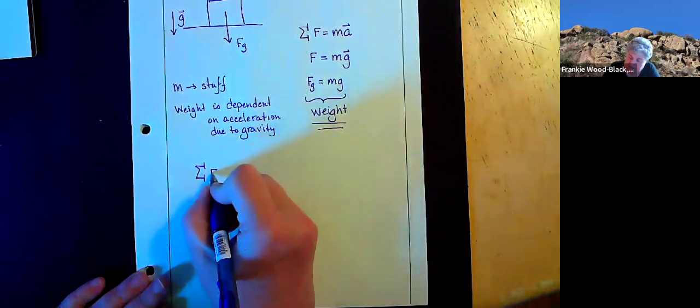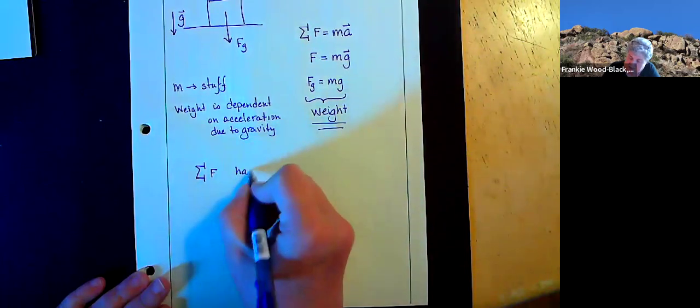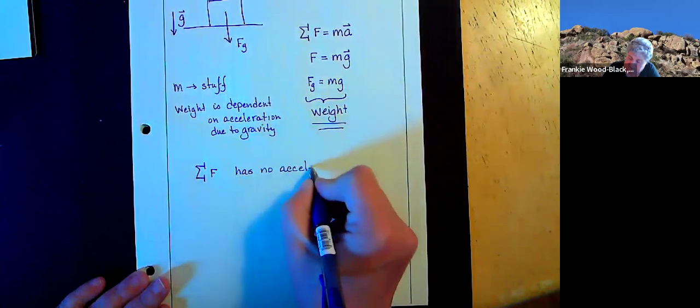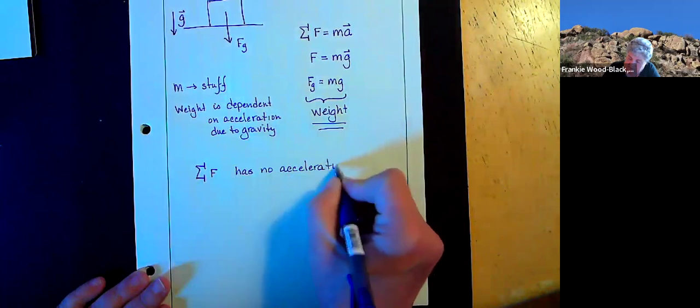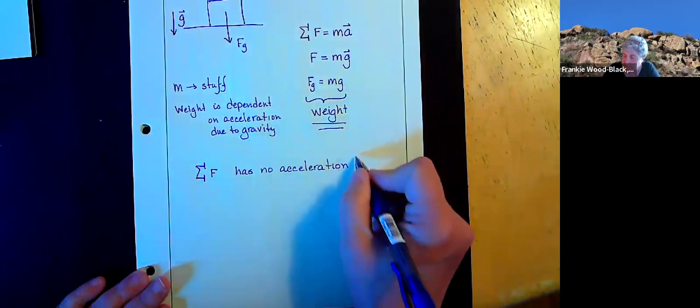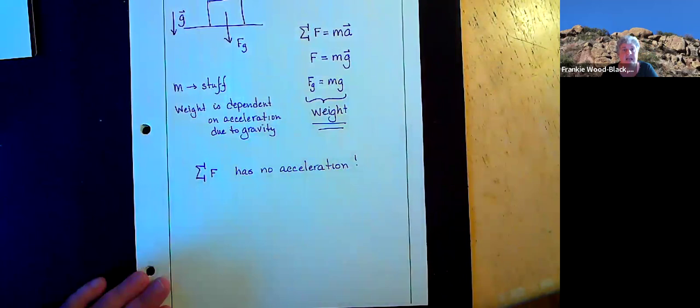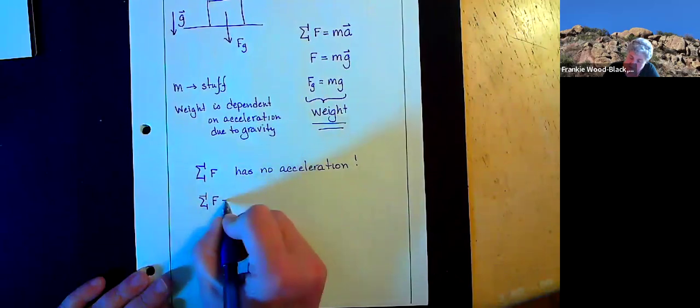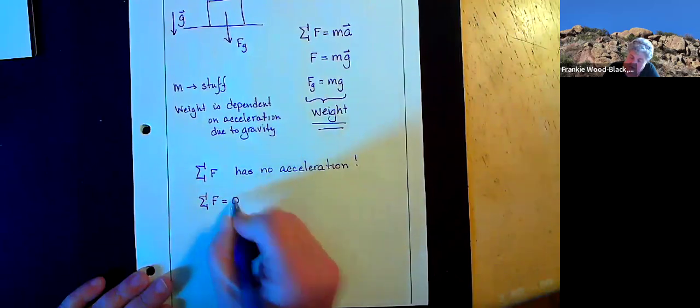What happens if my object has no acceleration? If my object has no acceleration or is traveling at a constant velocity, which means it wouldn't have an acceleration, that means the summation of forces is going to equal 0.